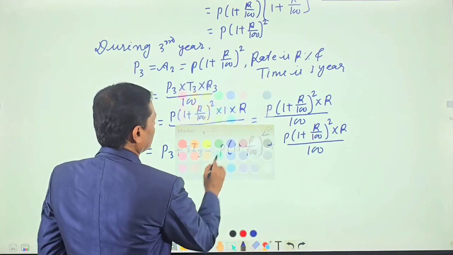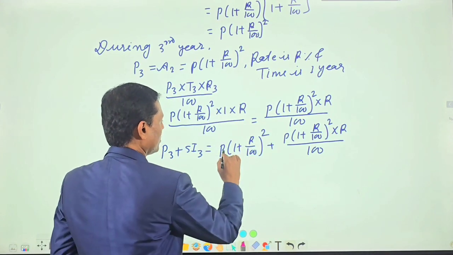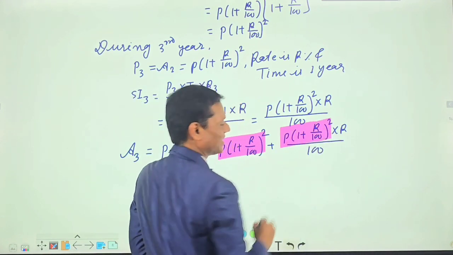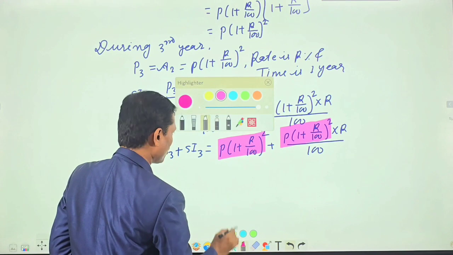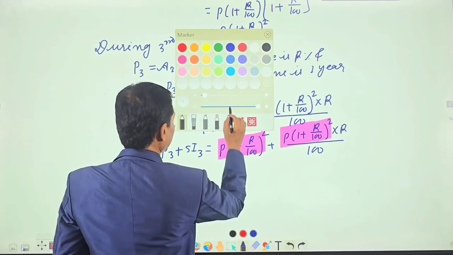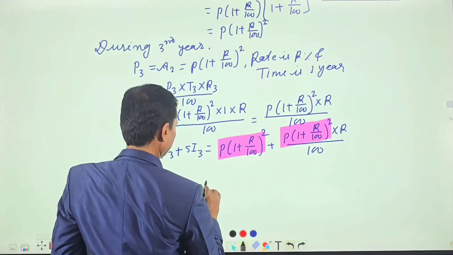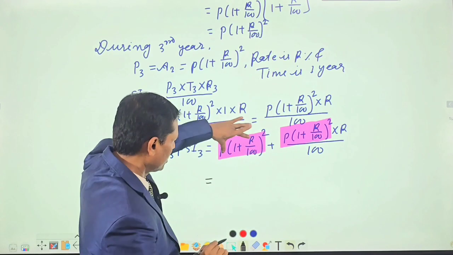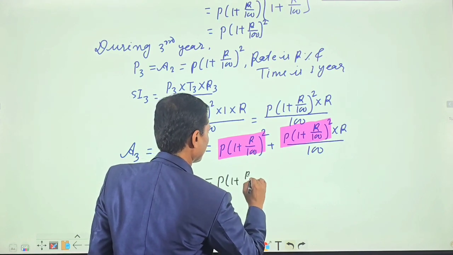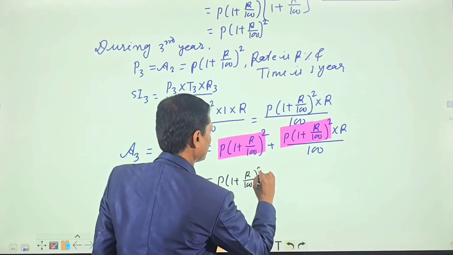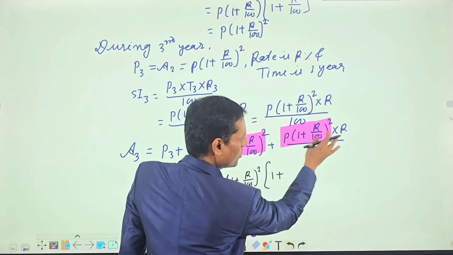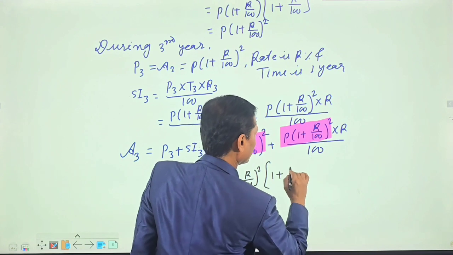So now once again I'm going to take common, this part and that part. When I take P times (1 plus R by 100) to the power 2 common, here becomes 1 plus, remaining is R over 100.